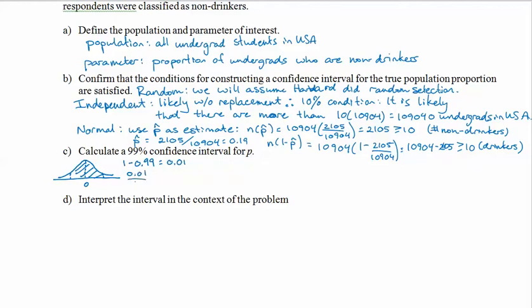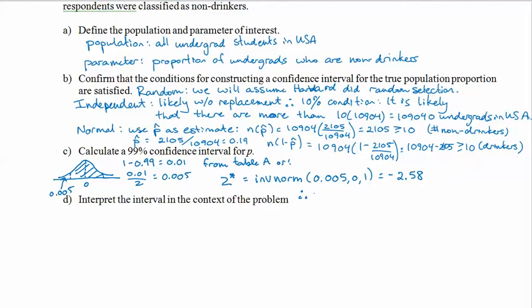So divide that by 2 equals 0.005, which is the area in that section. So from table A, or you can calculate it in this manner. So the critical value is equal to inverse norm of 0.005, and you get a value of negative 2.58.